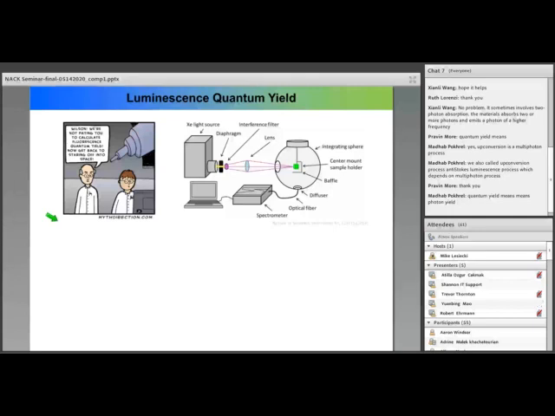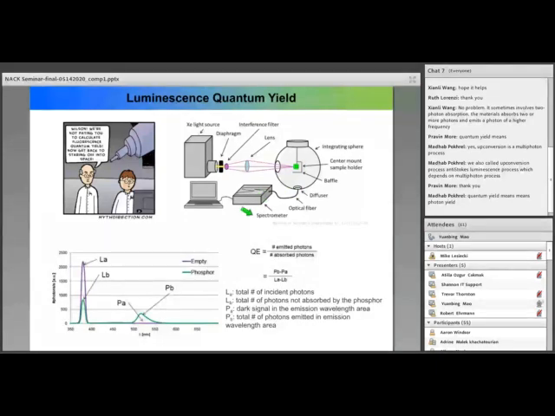Especially for powders, when we measure the quantum yield, we use this integrating sphere. The light gets in and hits the sample, and without the sample, the light will reflect. The integrating sphere is internally coated with a very reflective material, so there's very little energy loss, and somewhere else we have an opening where the light comes out.